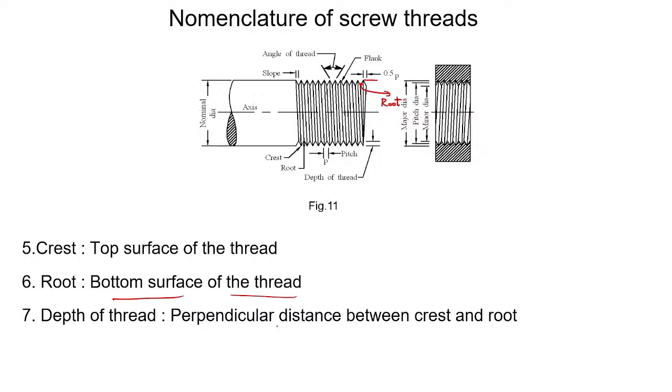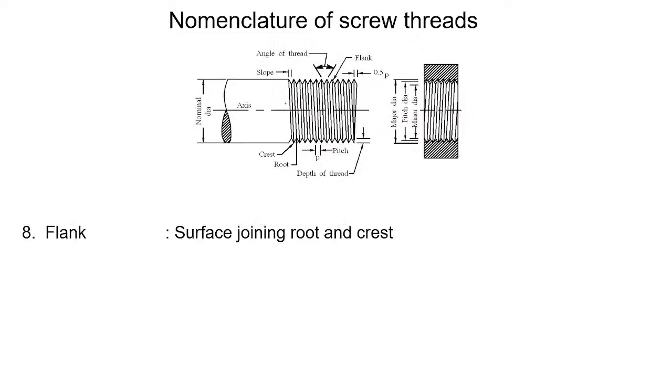Depth of the thread is the perpendicular distance between the crest and root. So here you are finding the tips of the thread and this is the root. This distance will be marked as depth of the thread. Next is flank. The surface joining the crest and root is called the flank.